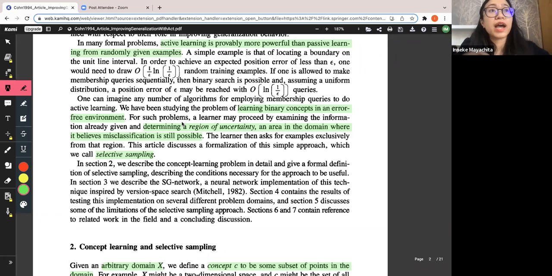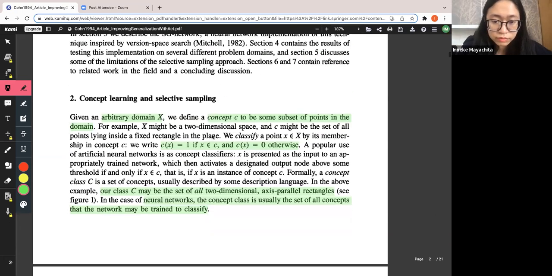Because if we sample from the area where the model is certain, there is no point, because the model will not learn anything from these examples.